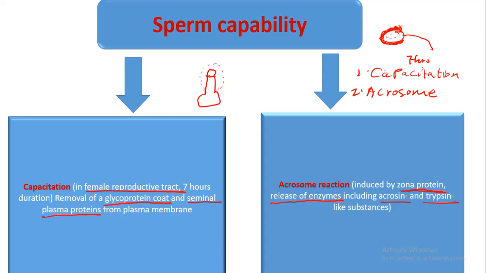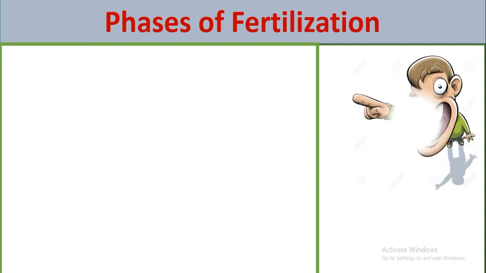We need to understand that fertilization is not a simple process. It involves 3 phases. In the next step, I'm going to explain the phases of fertilization. There are actually 3 phases of fertilization.